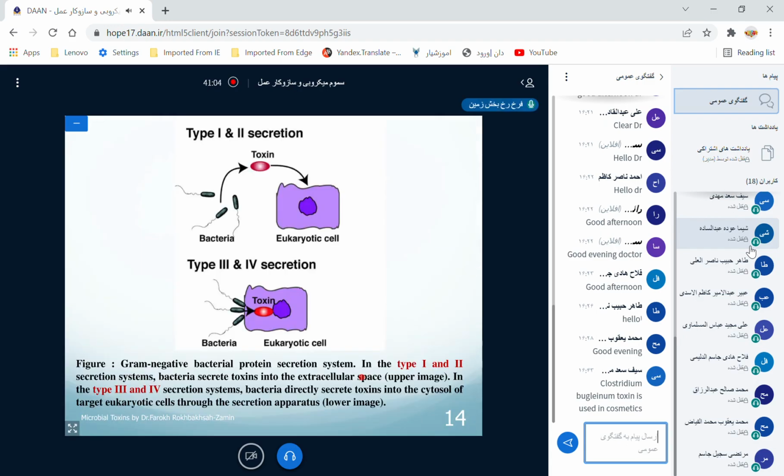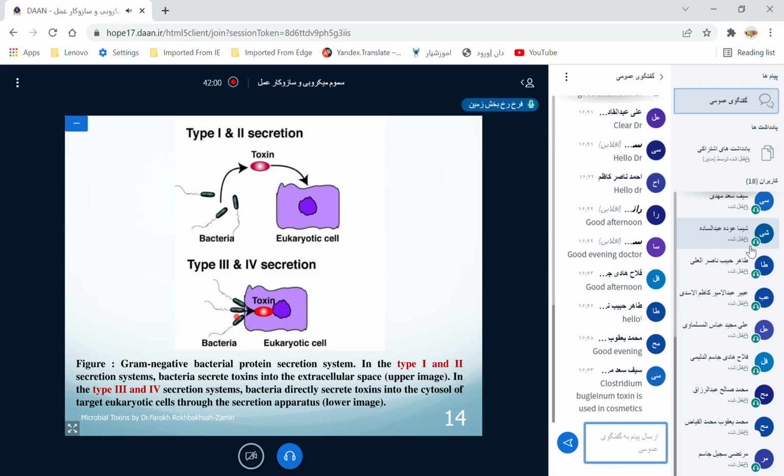What is this figure related to? This figure explains that some bacteria, far from the target cell, produce toxin, and the target cell absorbs it, like type 1 and 2 secretion systems. But some bacteria go very close to the target cell, attach to it, and inject, like a syringe injection to a person.